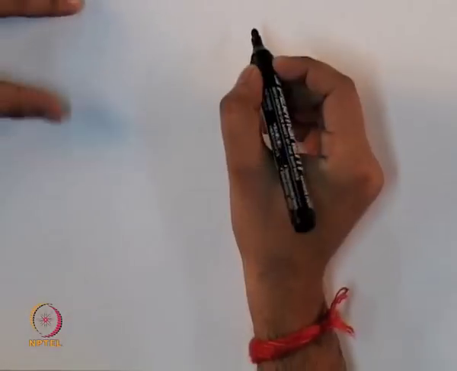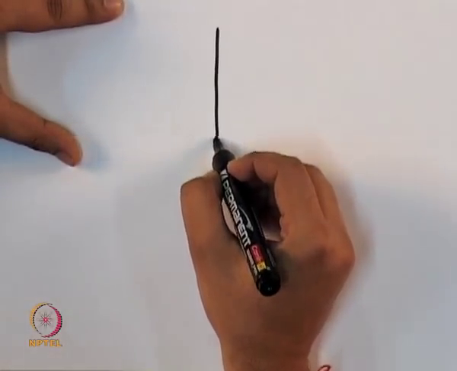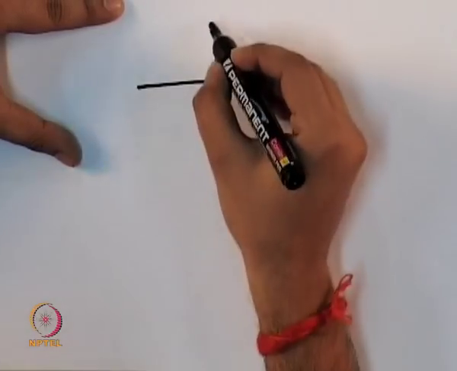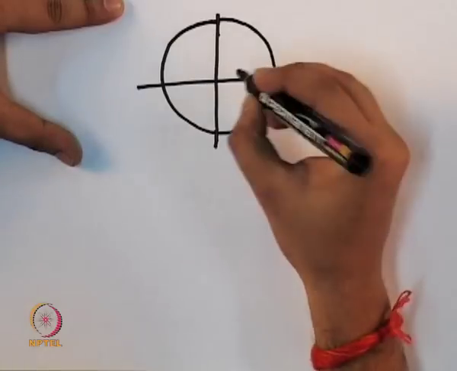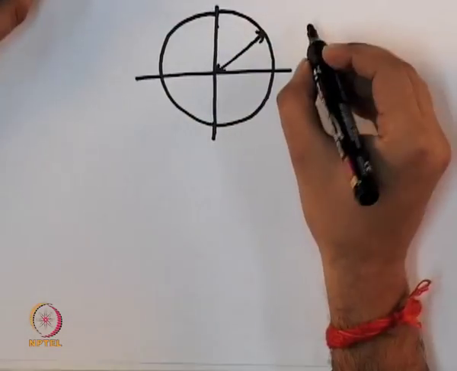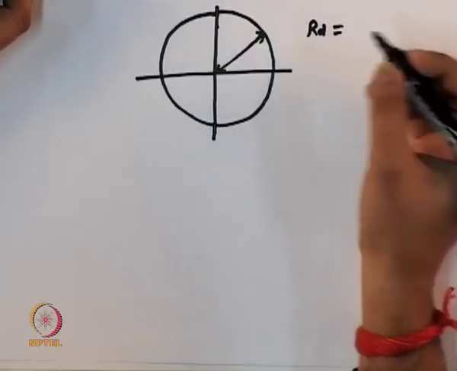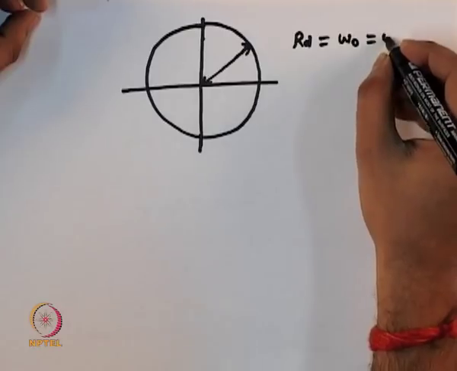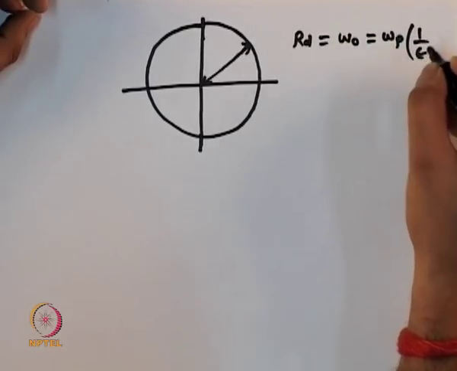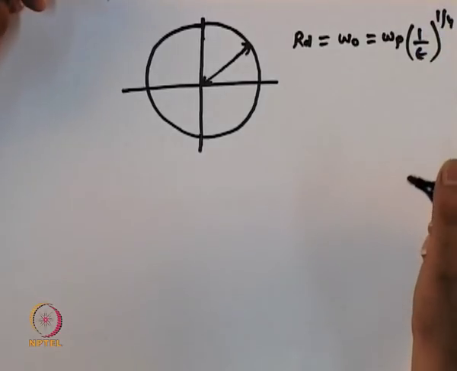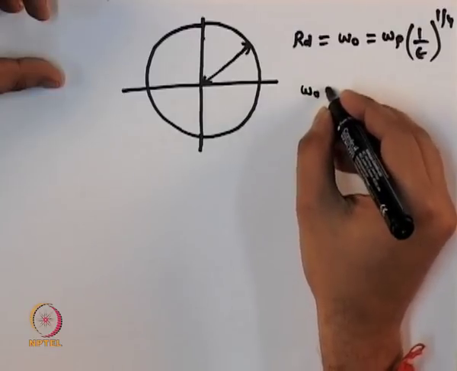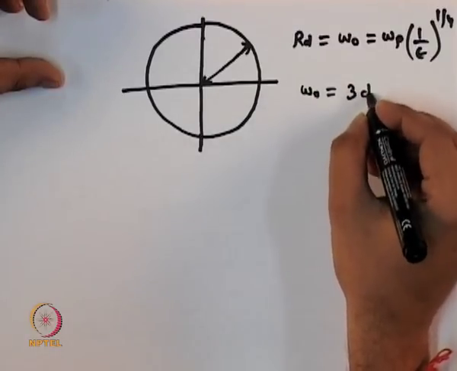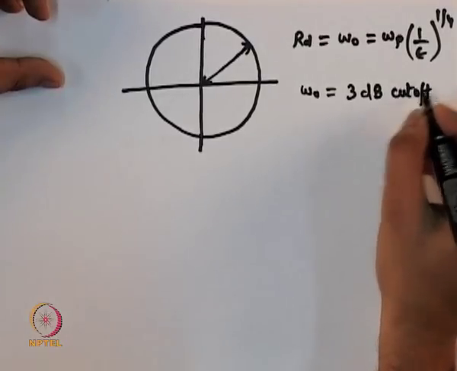As we know, the poles of Butterworth filter lie on a circle, where the radius of circle Rd equal to omega naught equal to omega p times (1 upon epsilon) raised to power 1 by 4, where 4 is the order of filter, and omega naught is the 3 dB cutoff frequency.